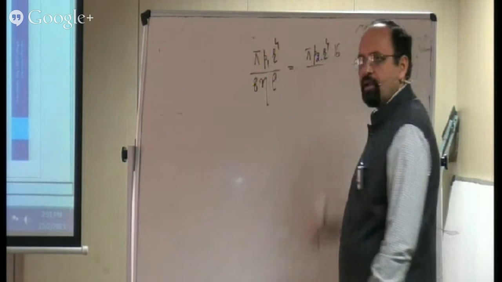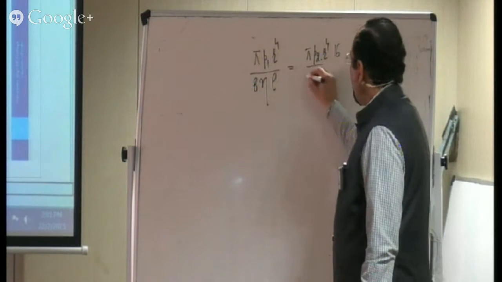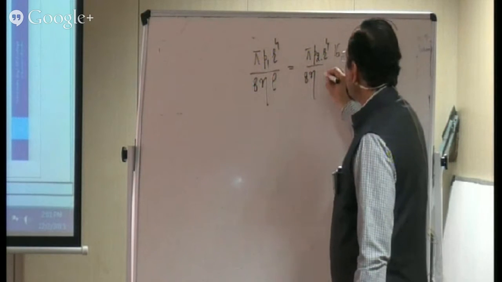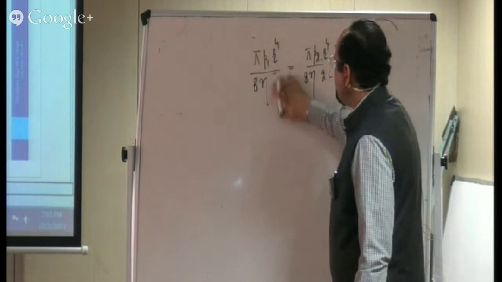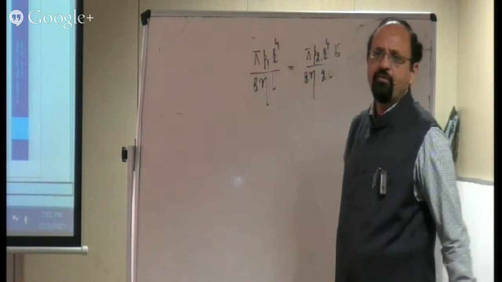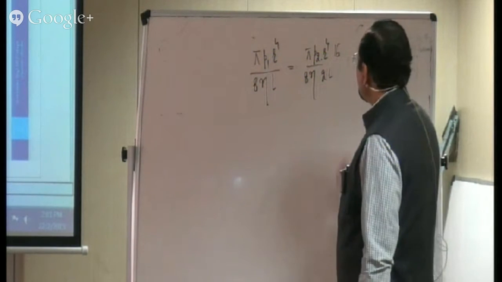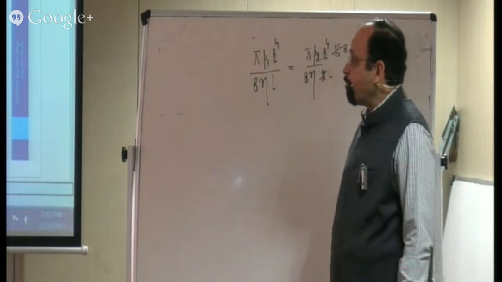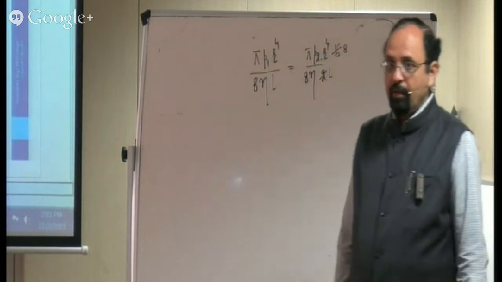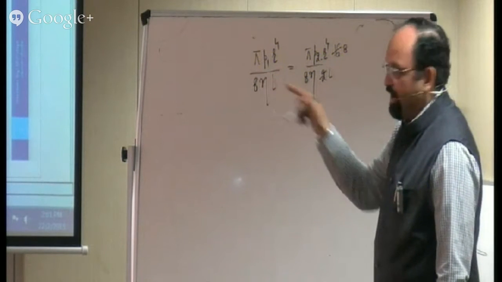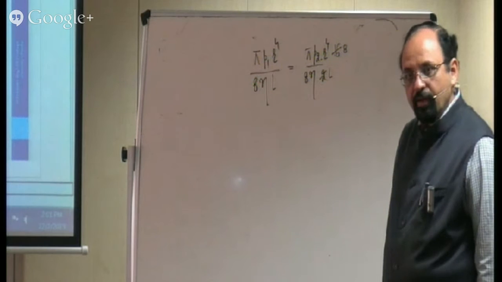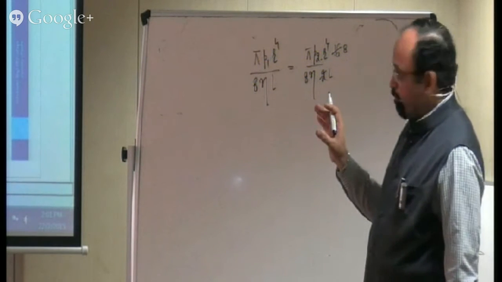I'm writing it deliberately on this side. 8, the same liquid is flowing, but length this time is equal to twice of L. This is capital L. Let me put according to what they have given, but anyway, you can use any symbol. So we have a factor of 8. But I should not hurry up to my answer, because both 8 and 1 by 8 are there. You have to keep an eye, as I told you.